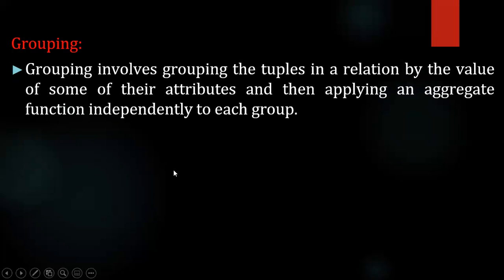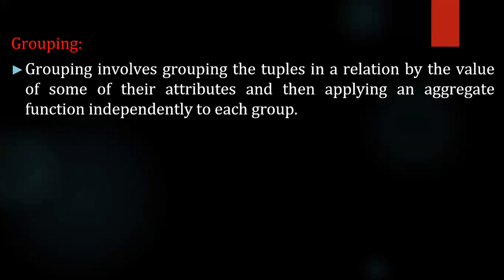As I said, grouping involves grouping the tuples in a relation by the value of some of their attributes: department name wise, department ID wise, project number wise, employee wise projects handled, department wise projects conducted, location wise projects.